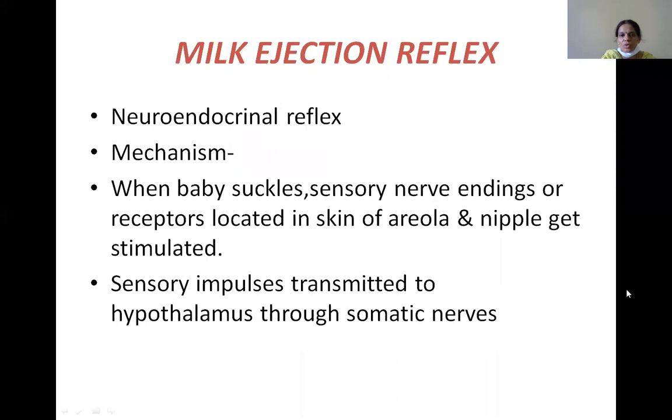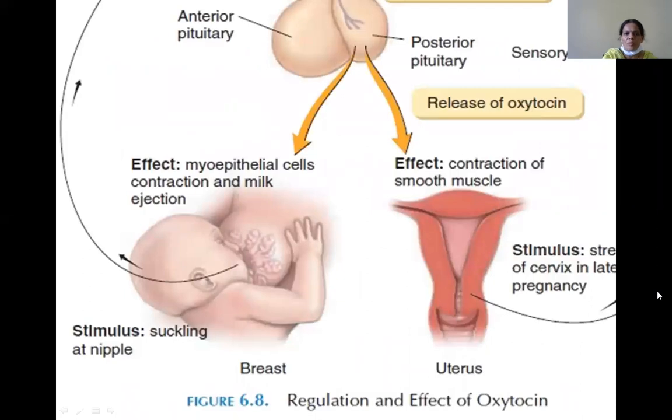So what is this showing? This is the milk ejection reflex. This milk ejection reflex is a neuroendocrinal reflex. So what happens? The stretch receptors which are present in the nipple. So suckling by the baby, this information will be passed to the posterior pituitary.